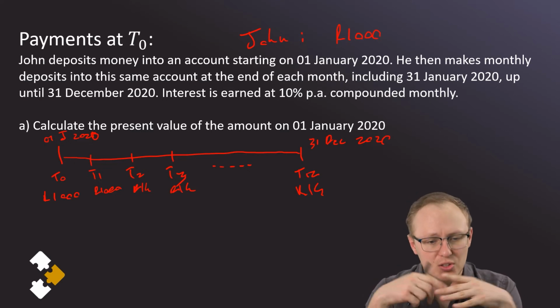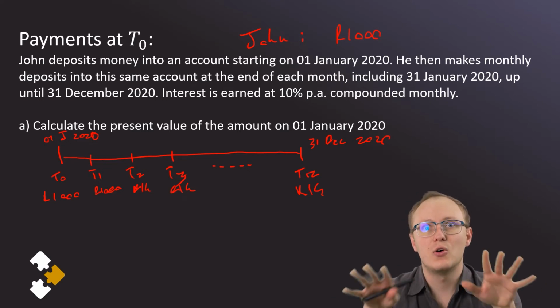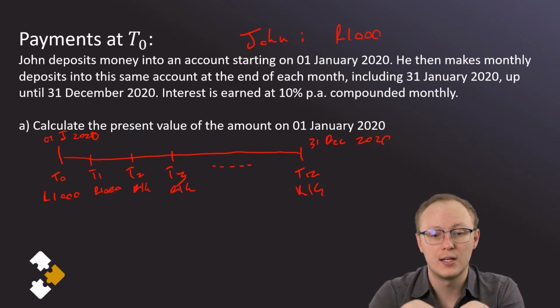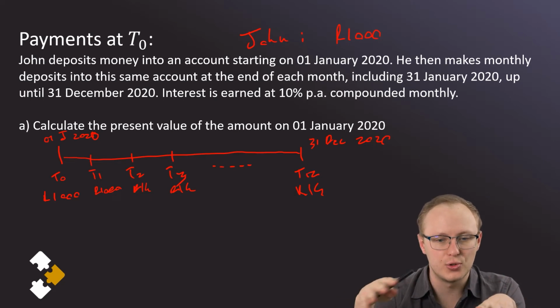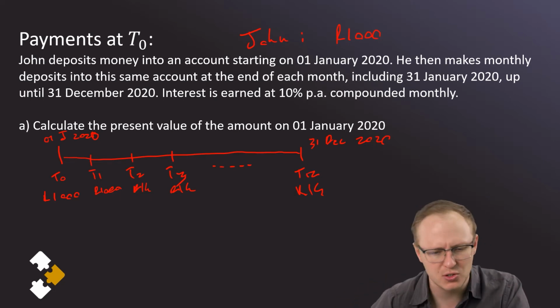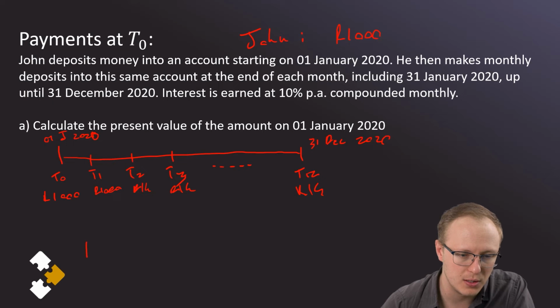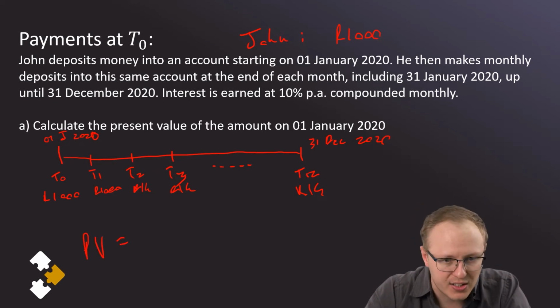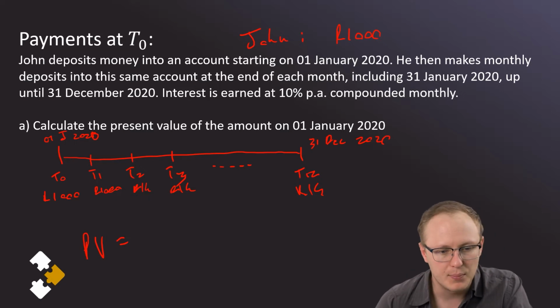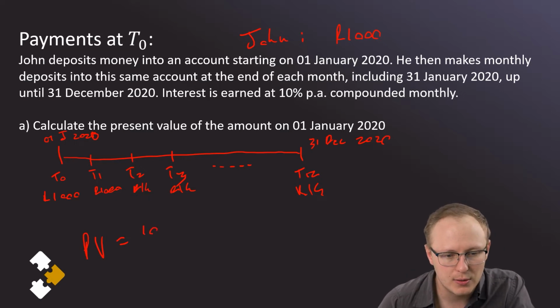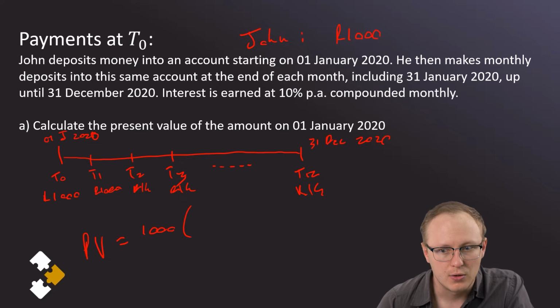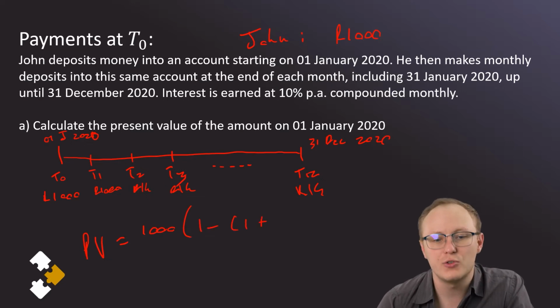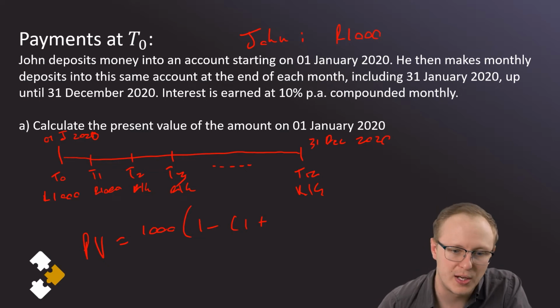So in terms of our annuity formula, we know we want to do a present value calculation. So we're going to start here with present value, PV. Then we've got to say, well, what is X? X is the payment, so that's going to be 1,000. Then we've got 1 minus 1 plus, and now the interest rate is this 10% per annum compounded monthly.